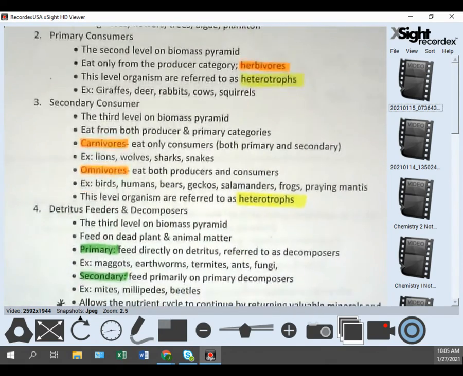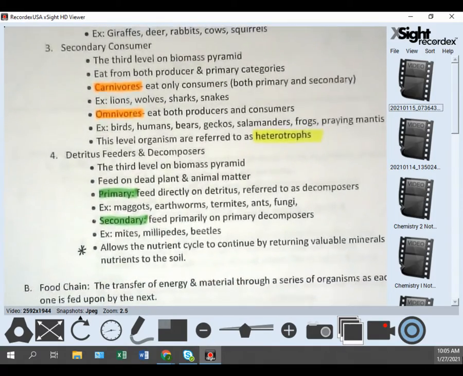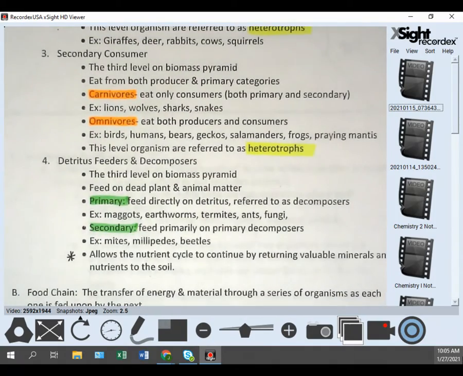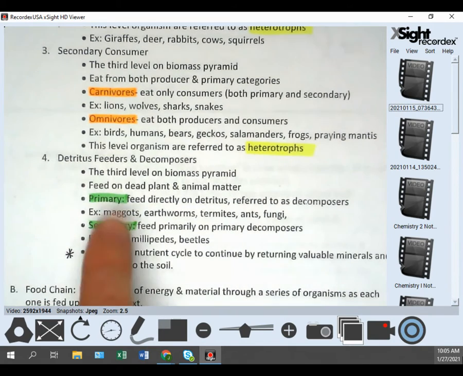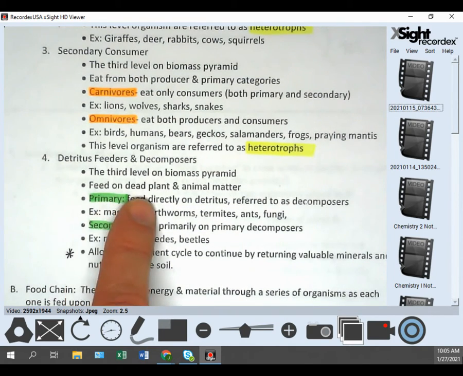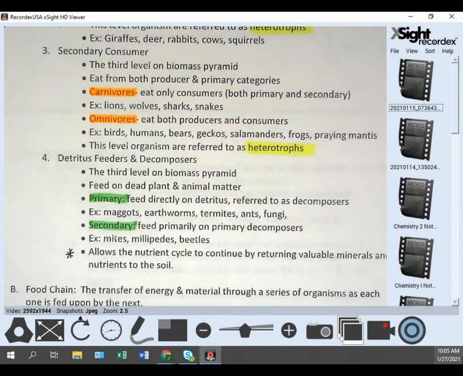So the third category, that word is detritus. Detritus feeders and decomposers. These are typically found on the third level of the biomass pyramid. They feed on dead plant and animal matter.